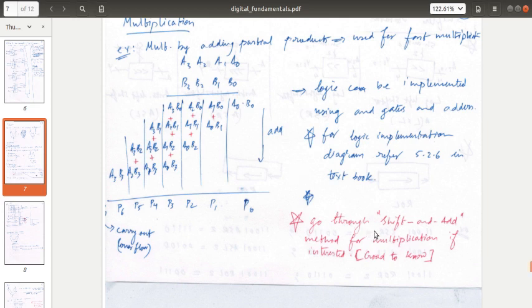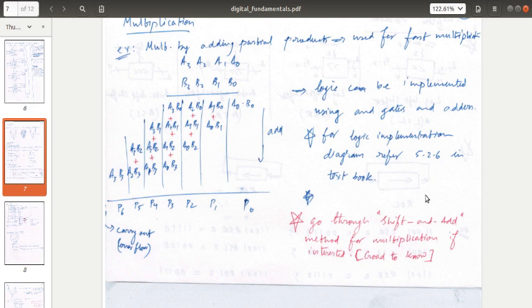There is one more method of multiplication called the shift and add method. The first method is faster, but it is costly when it comes to hardware because it requires a lot of hardware. The shift and add multiplication technique is efficient with regards to hardware complexity. It is implemented using an adder and shift registers.